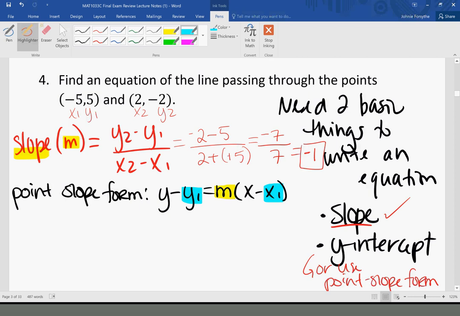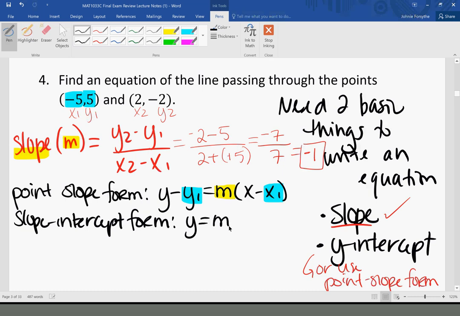So you basically pick one of your points. It doesn't matter. How about we'll pick the ones that are labeled x1 and y1, but you could pick the other point. And then you're going to plug in those values into this point slope form, and then we want to write it into slope intercept form, which is y equals mx plus b.